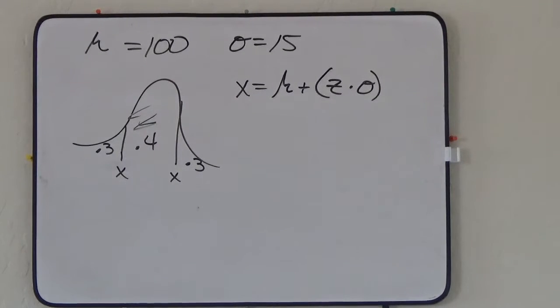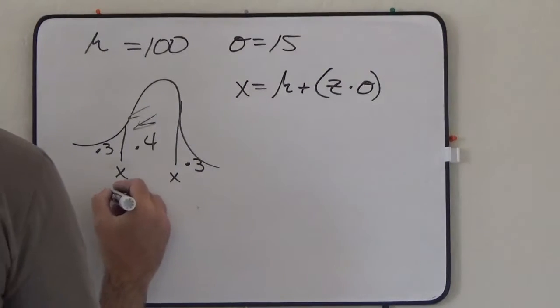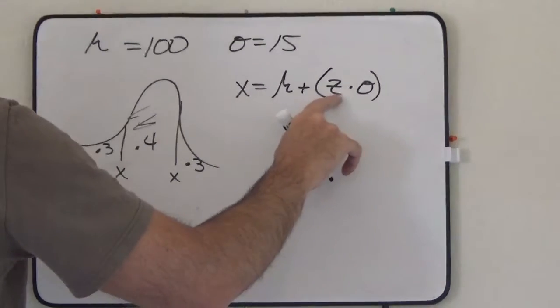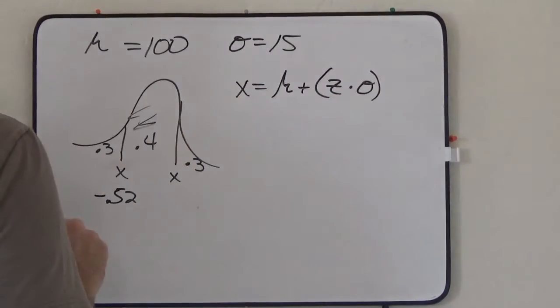So, for the 0.3, we need to find out the z-score for 0.3. You look in your book, you find the probability for 0.3, and you're going to see that that is negative 0.52. That's the z-score here.